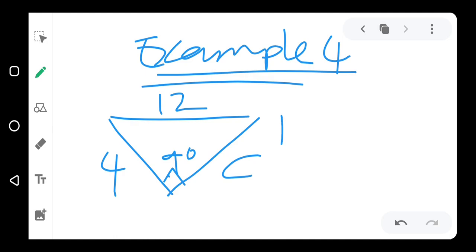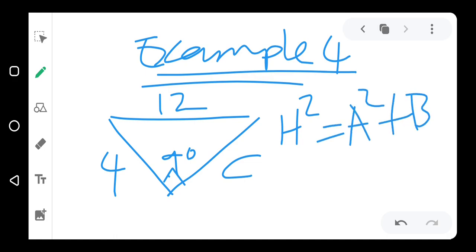So we have that h squared is equal to a squared plus b squared, or anything plus c squared. This is just the general formula. So h is our hypotenuse, a is the first adjacent, and b is the second adjacent. So let's have 12 squared is equal to, let's assume that the first adjacent is 4, is this 4.